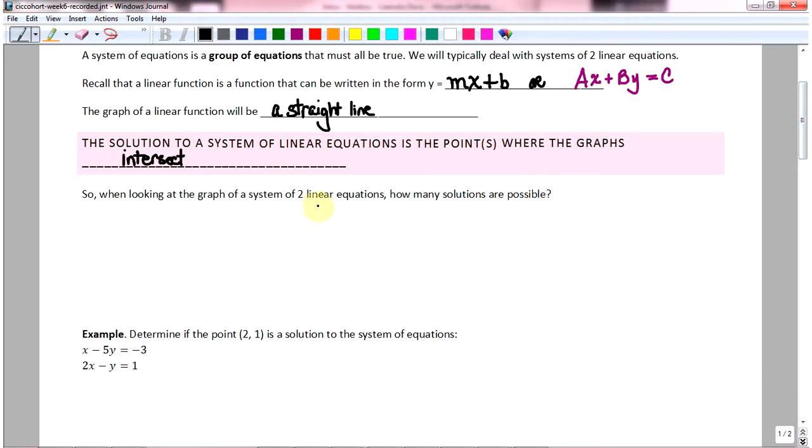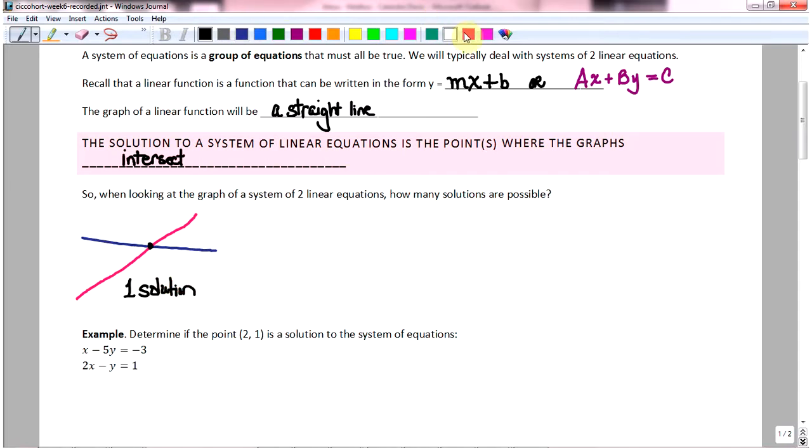If the solutions are the points where the graphs intersect, let's see how many ways that can happen. Well, if we have two straight lines, it's possible to draw them so that they intersect only one time. So if they intersect once, that means that there's one solution. Okay, so that's one outcome that we may have.